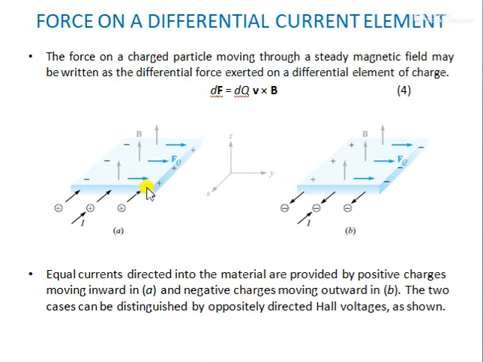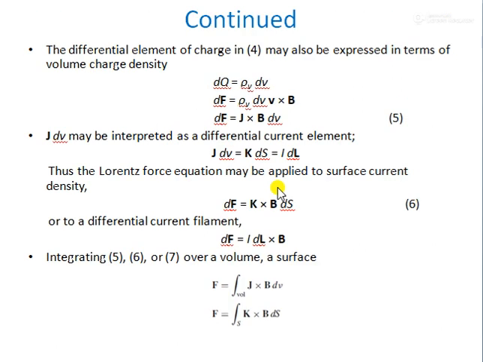You can observe in the figure here, flux density is along the Z direction, current is in the X direction and force is in the Y direction. So here you get the equation dF equals dq V cross B.